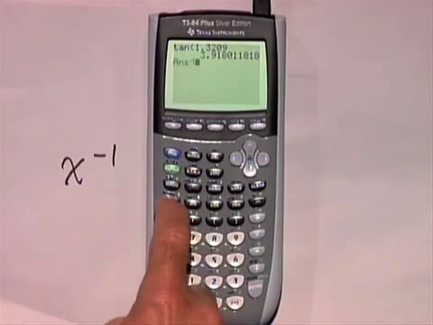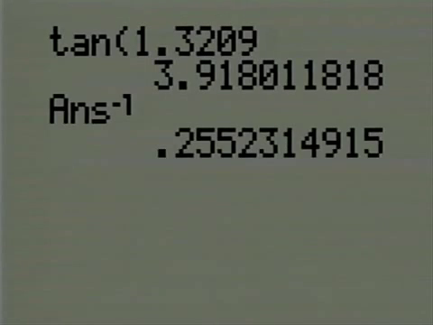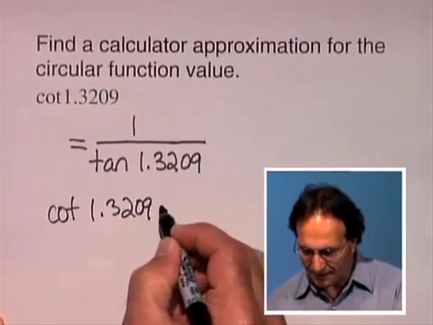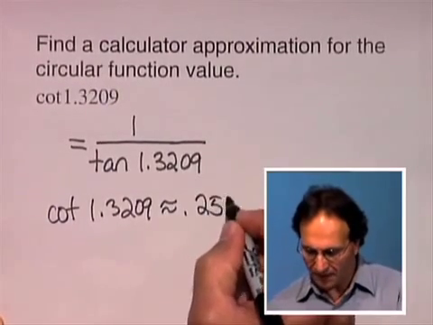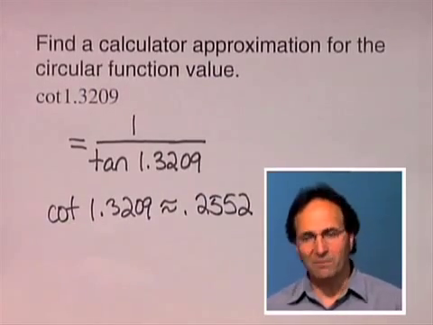So I press that, then I press enter, and it gives me the result 0.25523, et cetera, and we'll round that off to 4 decimal places. So now we'll say that the cotangent of 1.3209 is approximately equal to 0.2552. Let's do one more.